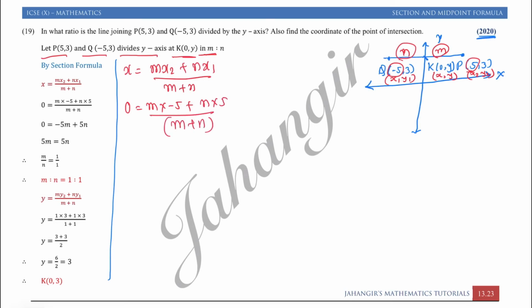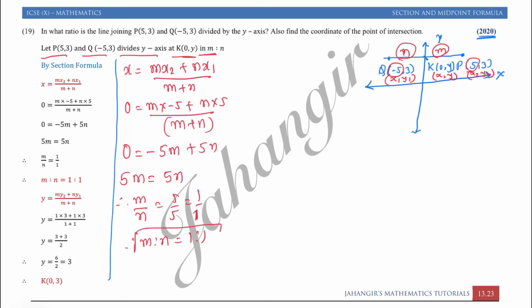So m plus n into 0 is 0, that is minus 5m plus 5n. 5m we can shift to the left side. You will get 5m is equal to 5n. So therefore m upon n is equal to 5 by 5, which is equal to 1 by 1. So therefore m is to n is 1 is to 1.